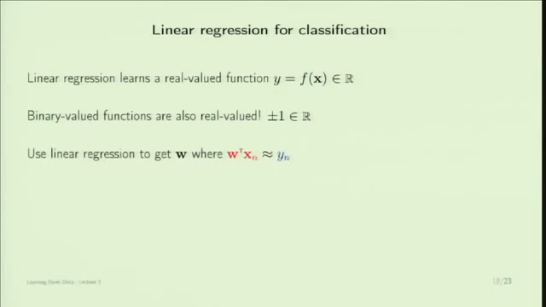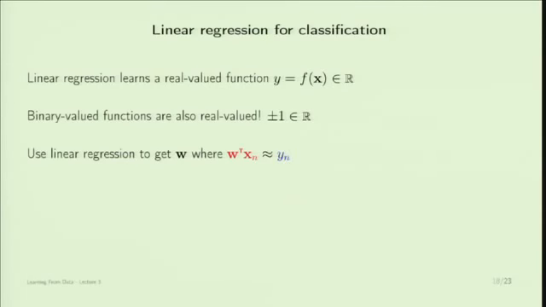You use linear regression in order to get a solution such that the solution is approximately yn in the mean square sense. So for every example, the actual value of the signal is close to the numerical +1 and the numerical -1. That's what linear regression does.